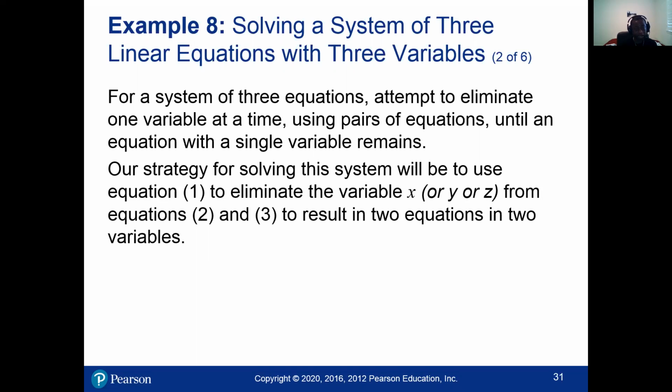Or we can say, let us eliminate y. So we'll use equation 1 and equation 2, eliminate y, and also equation 1 again and equation 3 and eliminate y. Then we'll get two equations, and we use the approach that we have learned before.